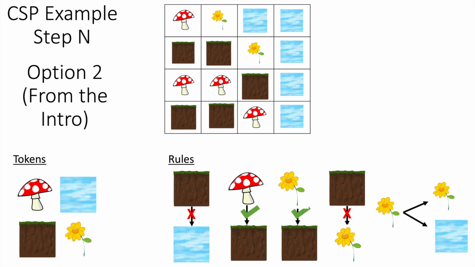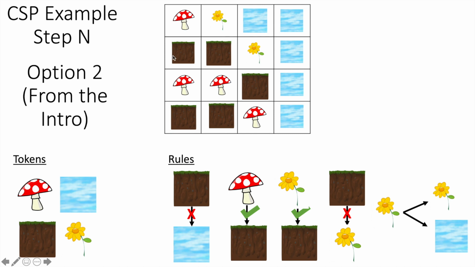Okay, so hopefully you remember from a week back, we had a constraint satisfaction problem example where we had these tokens and we had these rules, and we showed how we could generate stuff that looked like this. Notably, when we got to this example, we said, hey, that might not look exactly like we would have wanted.